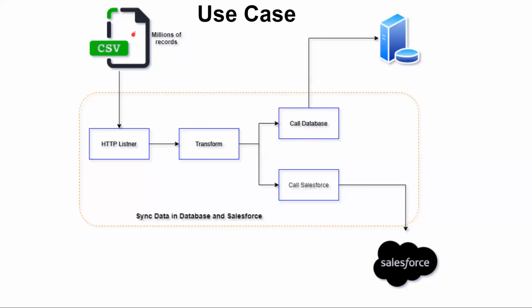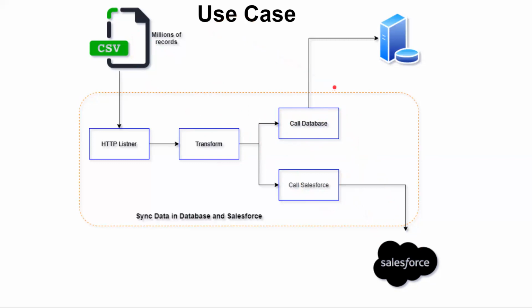Now, when I'm getting all the records over here, definitely I'll be transforming them, and then I'll be calling both the target systems. What is the best approach to send the source data to the targets? Can I use batch processing, or parallel for each, or for each?